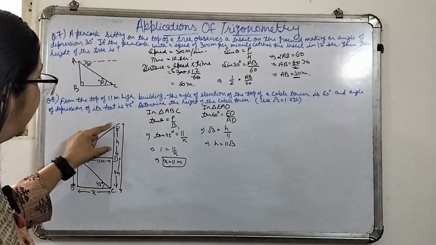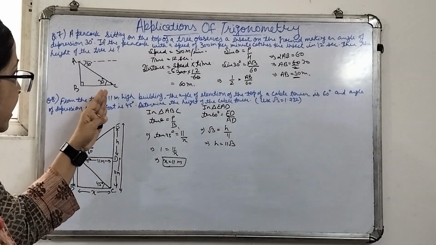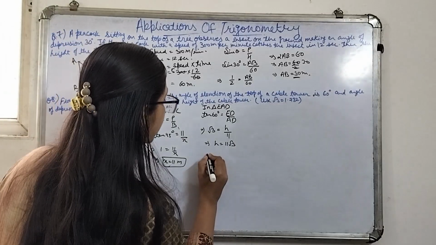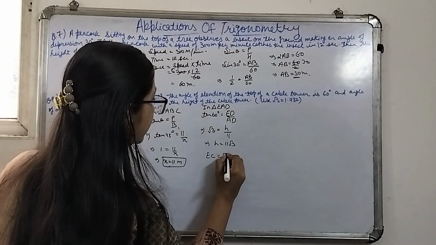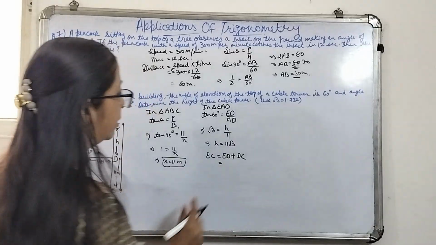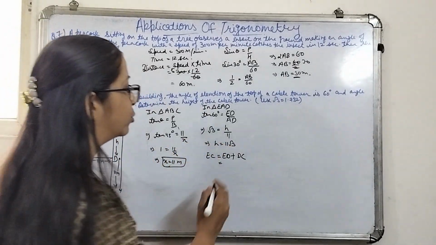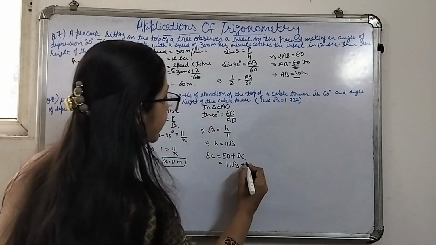Now once we have the value of H, if we add this H and this 11, we will get the height of the cable tower, that is EC. So EC is the height of the cable tower and it will be equivalent to ED plus DC. Just now we have seen that the value of ED is H, that is 11 root 3, plus DC is 11.